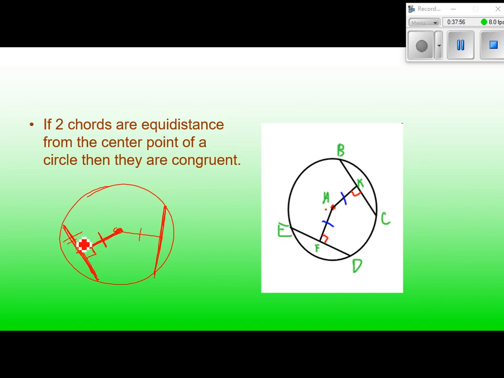It bisects it. And now all of a sudden we have this. What kind of triangle do we have right there? A right triangle. Not only is it a right triangle, but the hypotenuse in that right triangle is what to the circle? A radius. And that's all information that we know. Circles are great things, just like triangles, because once you know one thing, you know a whole bunch of stuff about it.